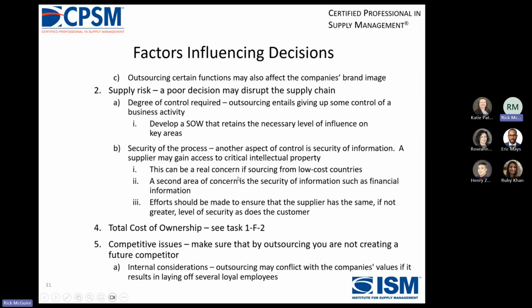So this is why Airbus could make a 787-type plastic plane very quickly compared to Boeing, because they just used Boeing suppliers. TCO, we'll discuss in 1F2. Competitive issues: make sure that in outsourcing, you're not creating a future competitor. Always a problem if you outsource your core capabilities, especially.